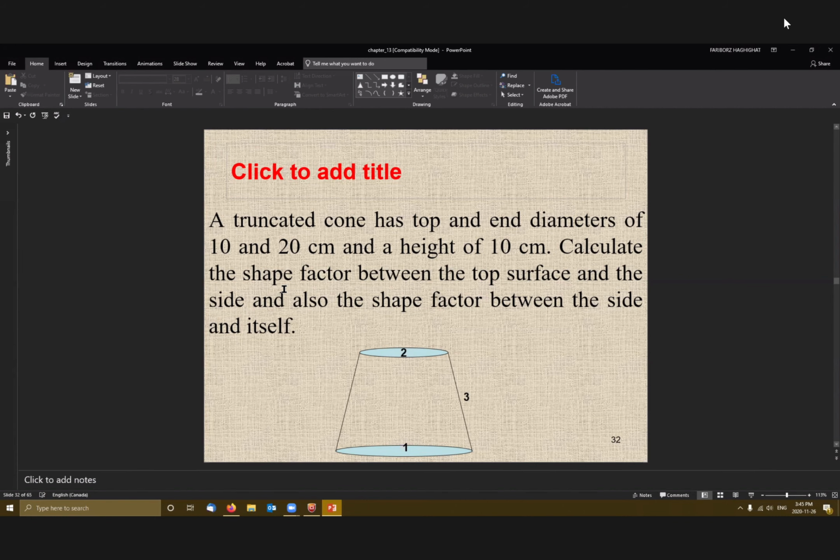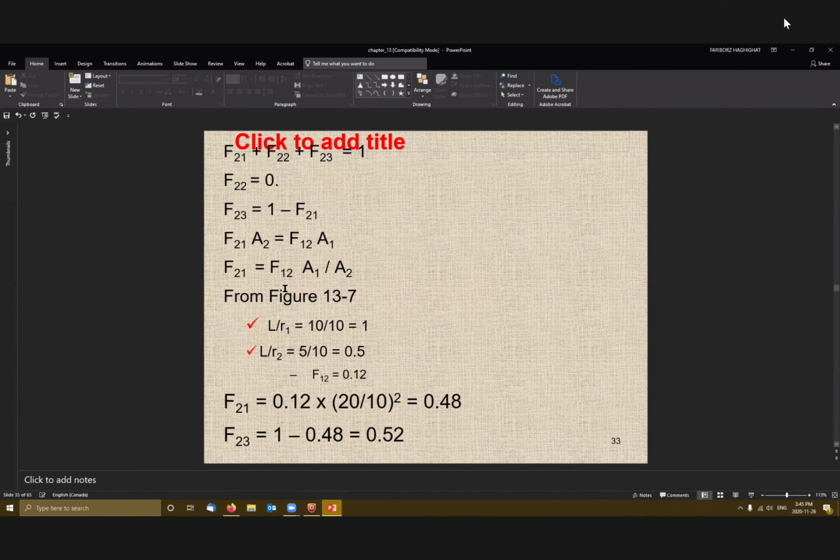What you're saying here is that the figure mentioned R over L, right? So the second check mark should be R2 over L, which would be 10 over 10, I believe.